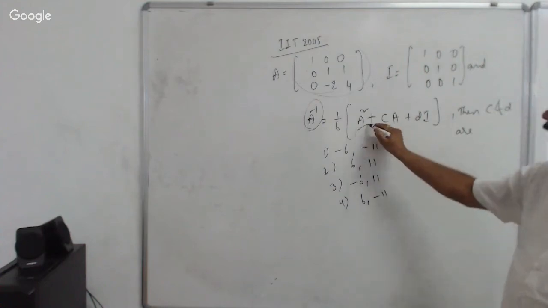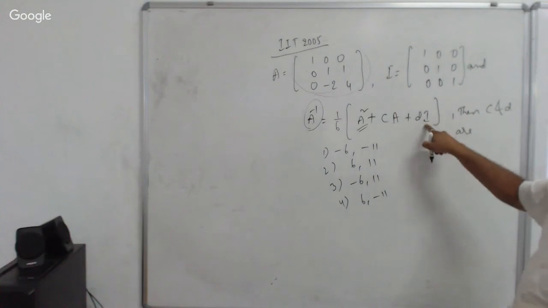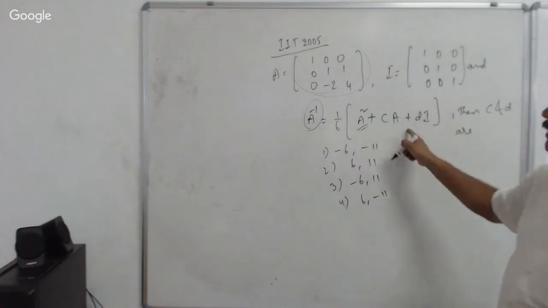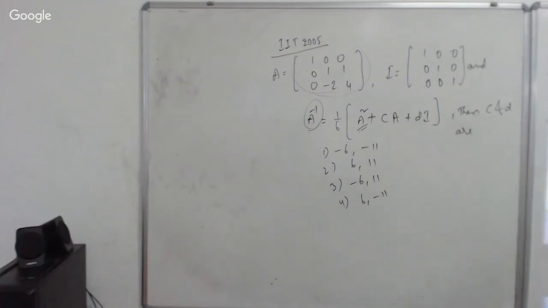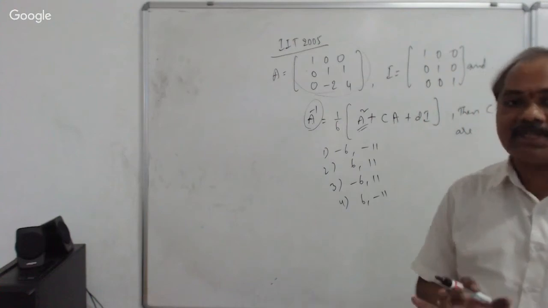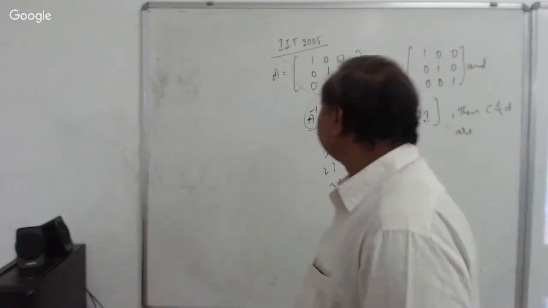You have to find A square, then CA, then DI, then add and equate. That is not simple. But by using the characteristic equation, you can reduce some steps. Of course, it is also not a very short method.